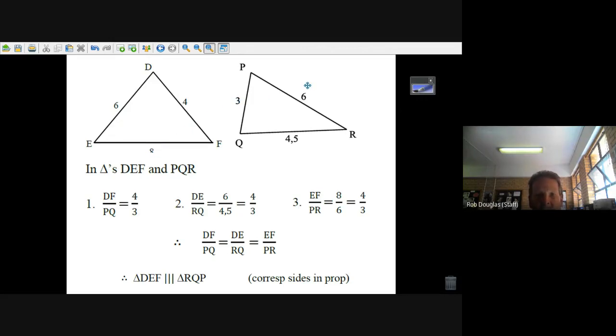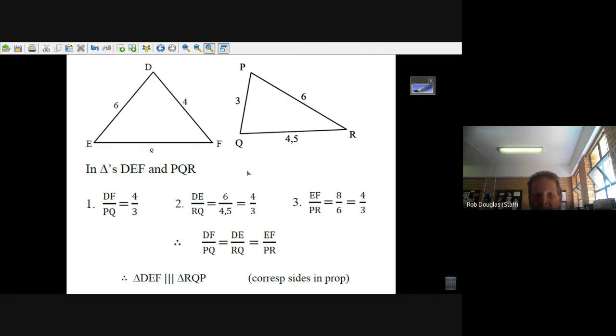Now, I kind of noticed that right away. 4 goes with 3 the way 8 goes with 6. Well, 4 over 3, that looks like DF over PR. That's 4 over 3. Now I can see that 8 over 6, that's EF over QR. That 8 over 6 is the same fraction if we divide the top and bottom by 2.